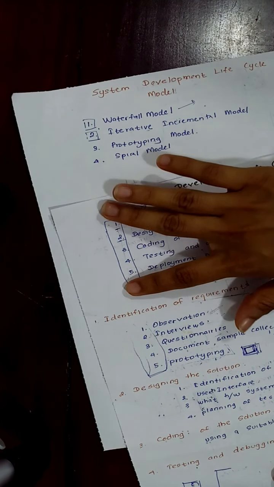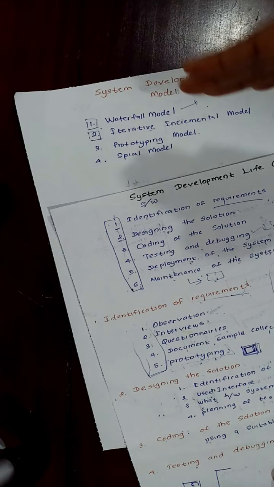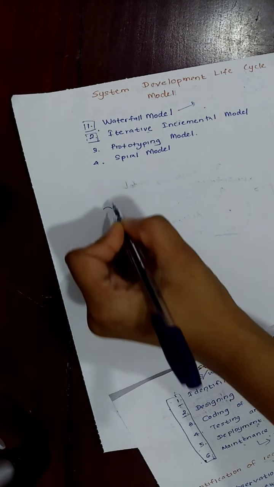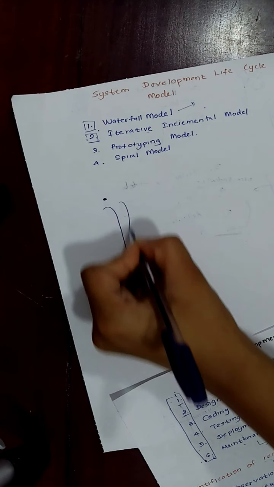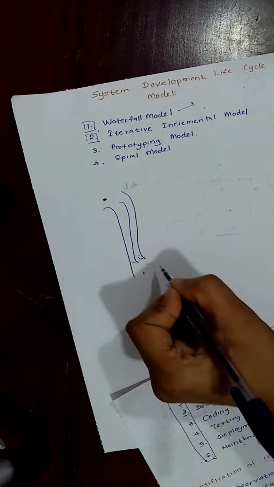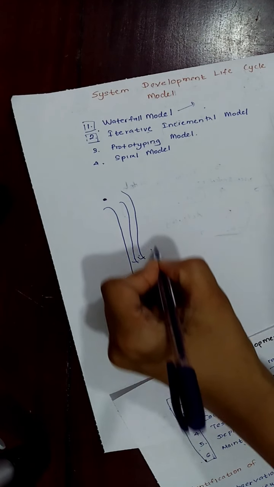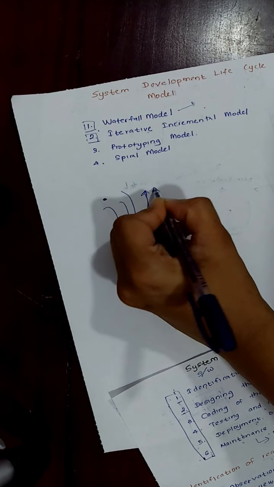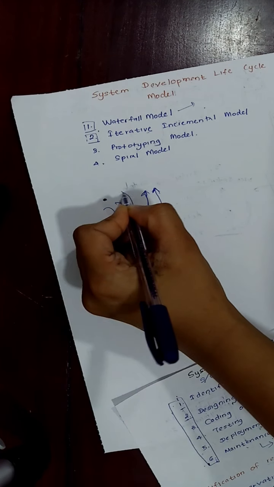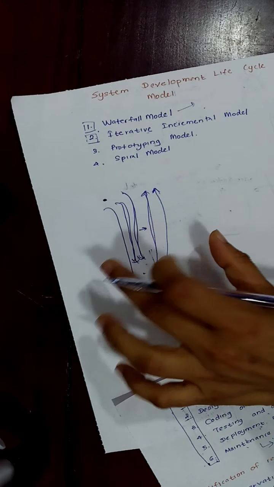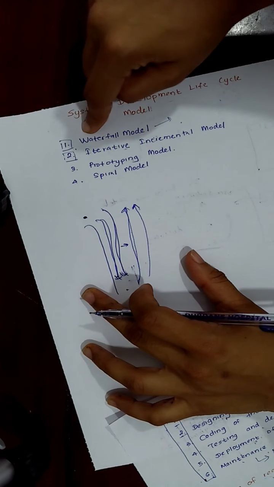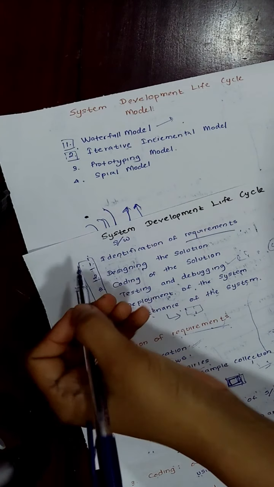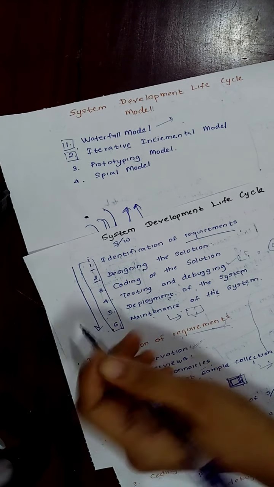Normally waterfall means what? It will fall down from top to bottom like this. The water will fall down. It will never go in the other direction, only it will fall in this direction. So from this, what you can understand is that in the waterfall model you can only proceed in this direction.